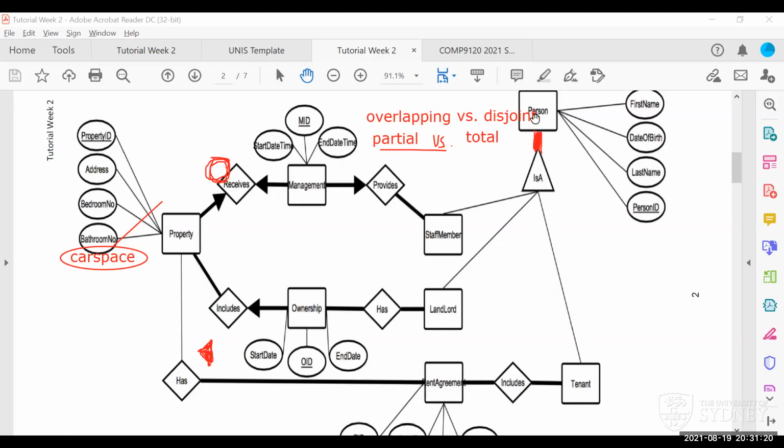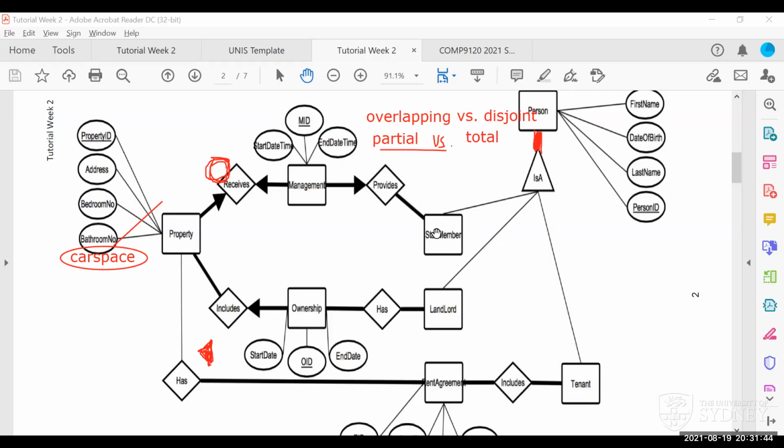Whereas disjoint, what that means is I can only be a staff member only, or a landlord only, or a tenant only. So I cannot overlap basically. If you say disjoint, that means you cannot belong to more than one lower level entity set. So as a person, I cannot be a staff member and a landlord at the same time, for example, or a landlord and a tenant at the same time.